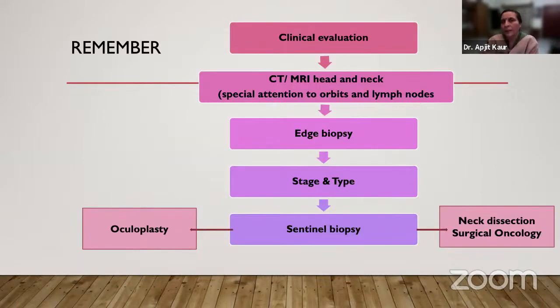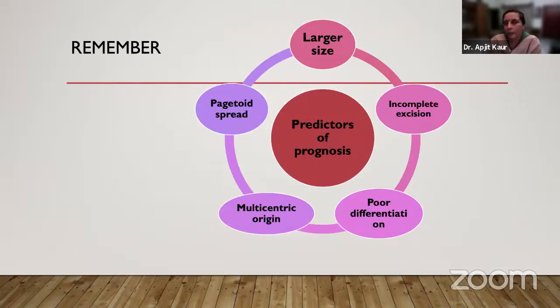So always remember that after a clinical evaluation, you have to follow it up with a CT or an MR, edge biopsy if it is required, then you stage, and then you look for the sentinel lymph node. If it is negative, then it goes to the plastic section, and if it turns out positive, it goes to the head and neck. And you need to remember that the predictors of prognosis, as we had talked earlier, were the large size, the incomplete excision, vegetoid spread, a multicentric origin, and a poor differentiation.